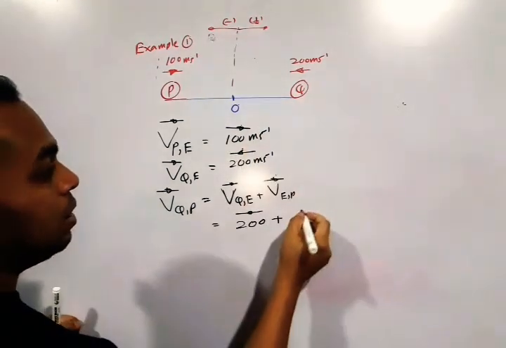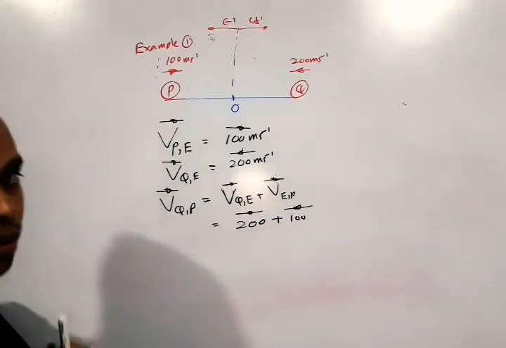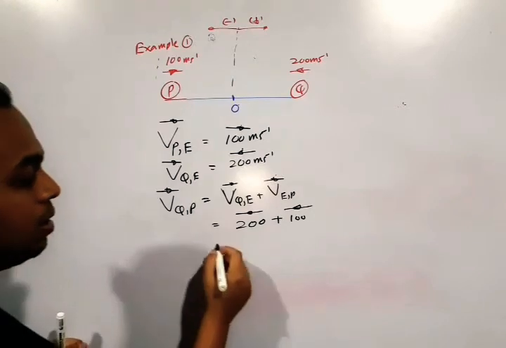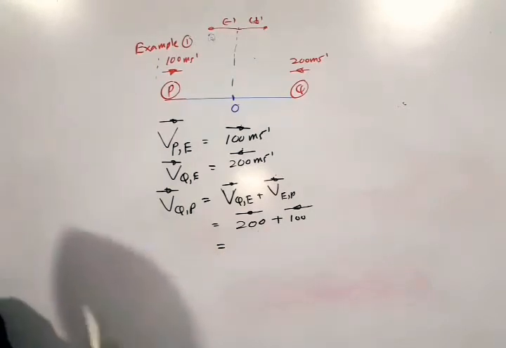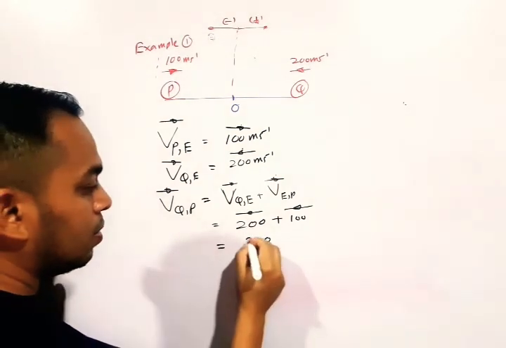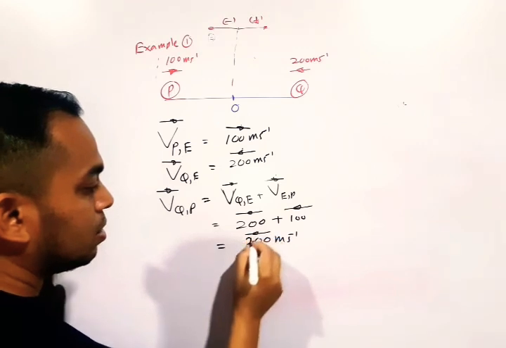So it will be in this direction, 100 meters per second. Now since both vectors are in the same direction, we can add these up like you do with real numbers. So the answer is 300 meters per second in this direction.